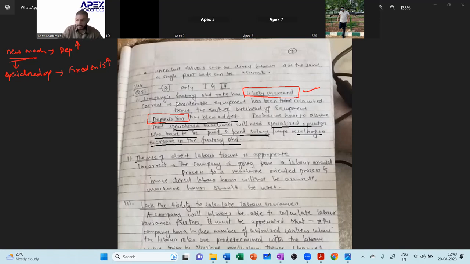Machines are not in Harry Potter. You wave your wand and the machine will start working magically. No. If there is a machine, you need to have a specified expert for running that machine. That expert will take his or her salary. That salary is a fixed cost. Because of that, your overheads increase, and the factory overhead rate is going to increase. Why? There is added depreciation and there is added salary cost.